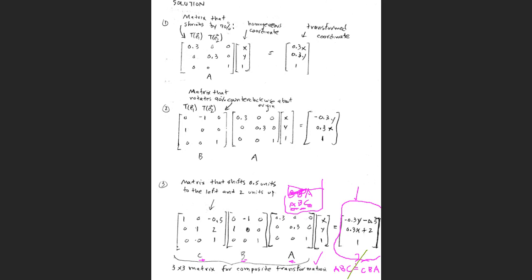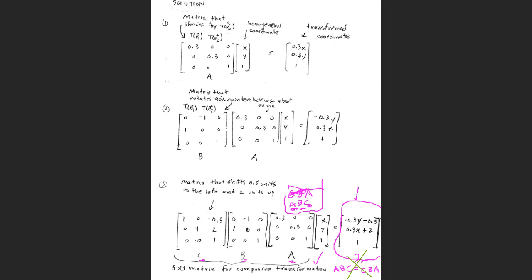No. Matrix multiplication is not commutative, right? It is not commutative. So if you do the transformations in a different order, you're going to get a different looking figure.